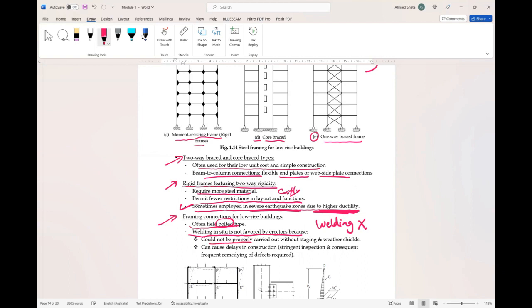This couldn't probably be carried out without staging and weather shields. It can cause delays in construction, stringent inspection, and consequent frequent remedying of defects required. So it needs more effort, so the bolted connections are more favorable in low-rise buildings.